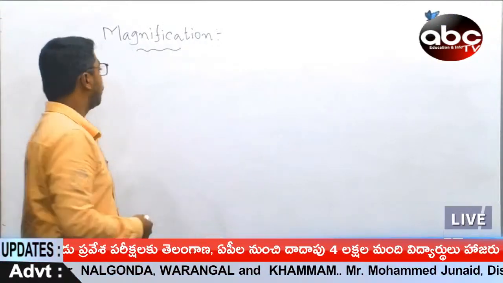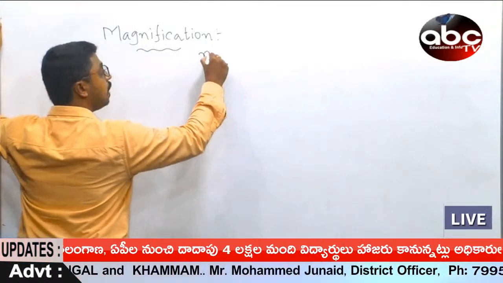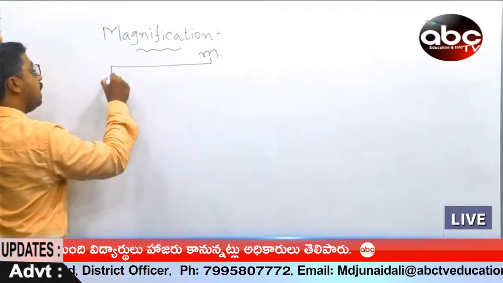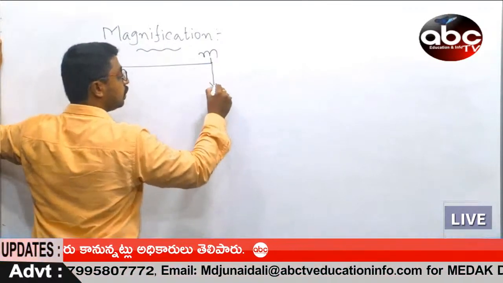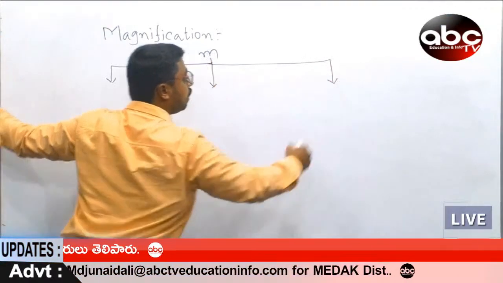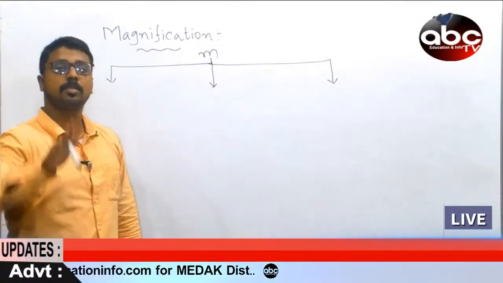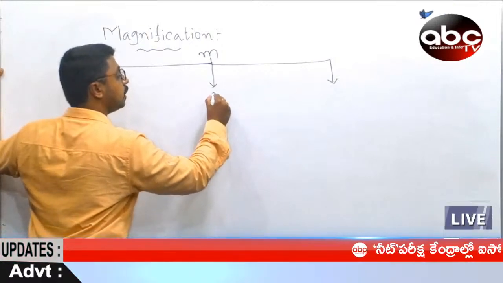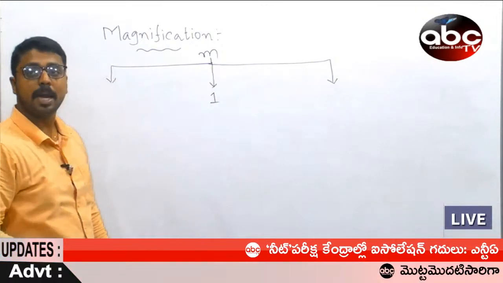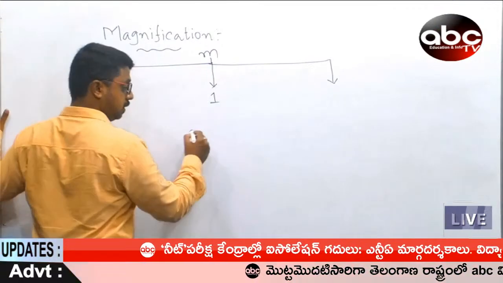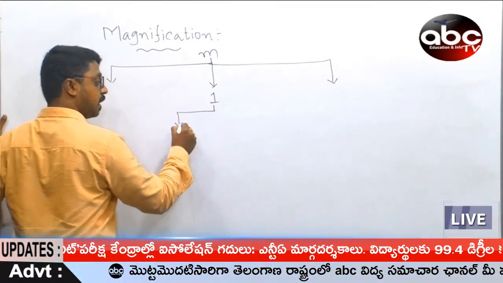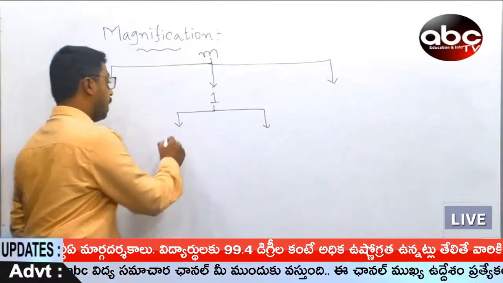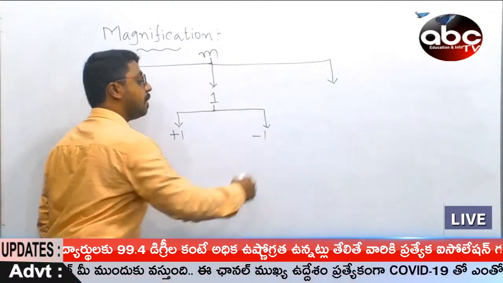So listen children, here the magnification power M can be taken in 3 different zones. What are they? It might be 1, which is again bifurcated into 2 types: maybe +1, maybe -1.